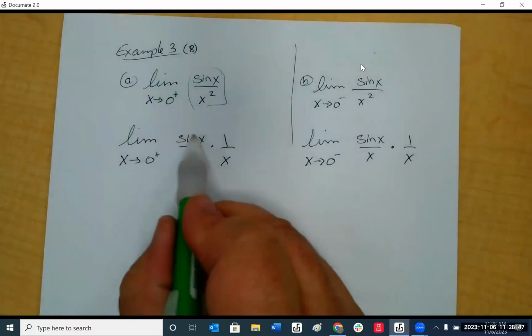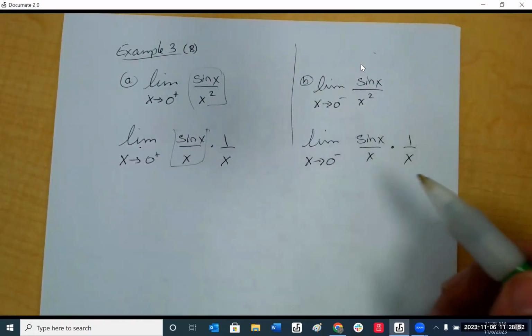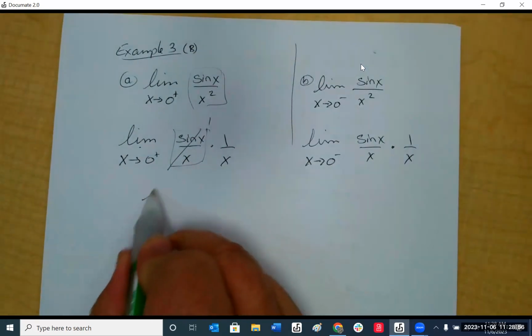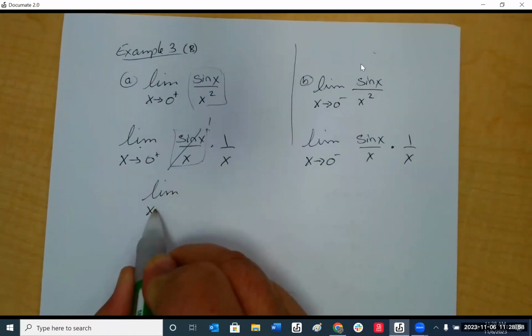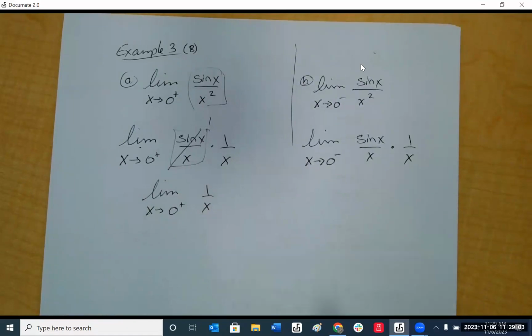Remember from chapter 1, whenever we have the limit as x goes to 0 of sine x over x, what does that become? 1. Yeah. So what we really have is this formula.